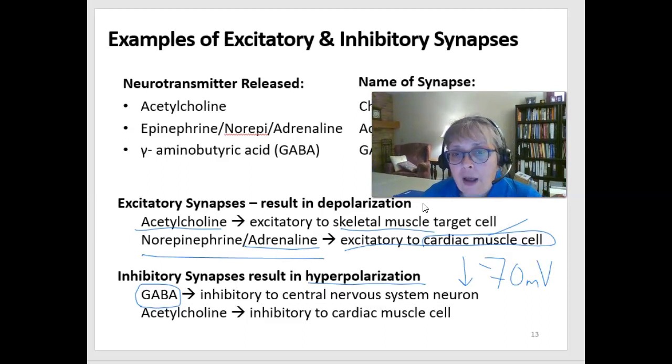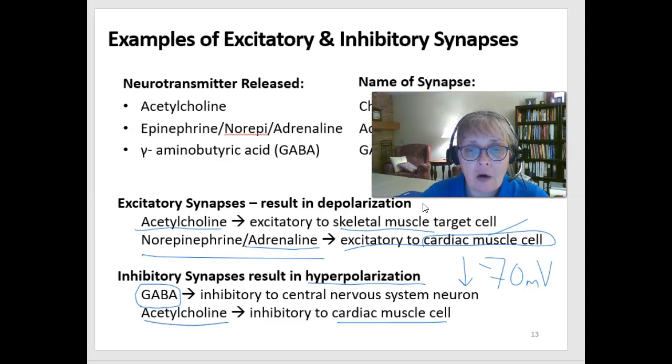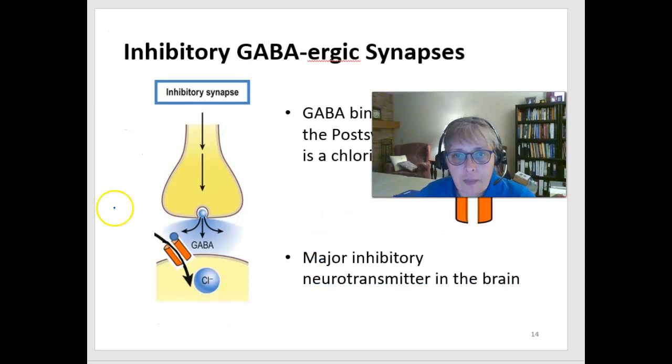Acetylcholine, on the other hand, we saw is excitatory to skeletal muscle, but when a cholinergic neuron synapses on a heart muscle cell, that is inhibitory. Same chemical, same neurotransmitter, acetylcholine. So we want to look at why that is next.